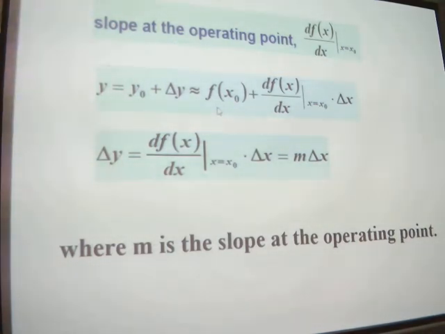Y0 is also f(x0). Delta y is also the derivative df by dx at x0, times delta x. So this is delta y. This m is the slope at the operating point. This slope is very easy to understand. We have studied it in mathematics.